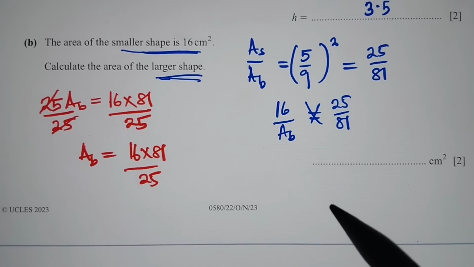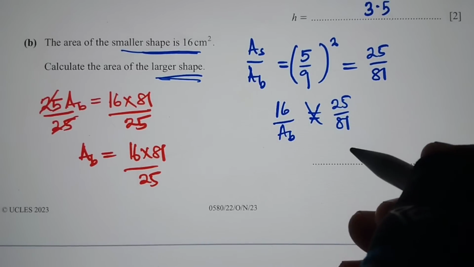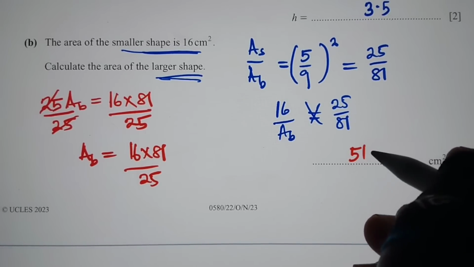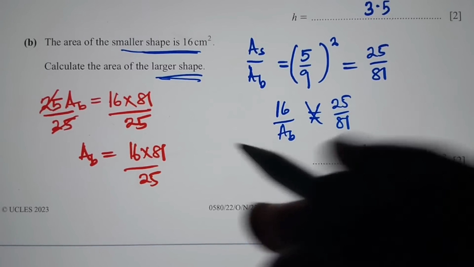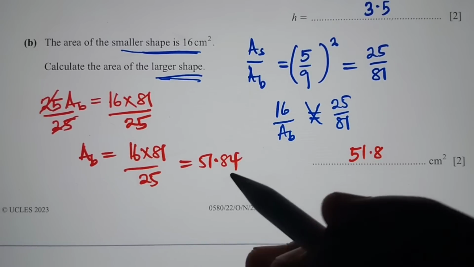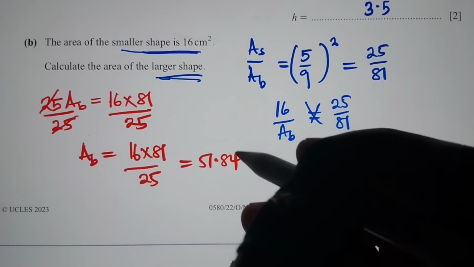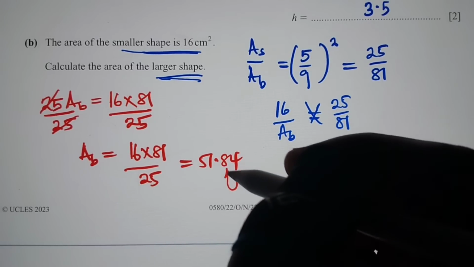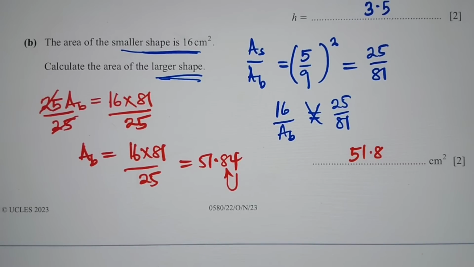So you go ahead and put that into your calculator. The value given is 51.84, but remember the instruction said we should always leave our answer to 3 significant figures. So I'll round these 4 down, and that's how I got 51.8.